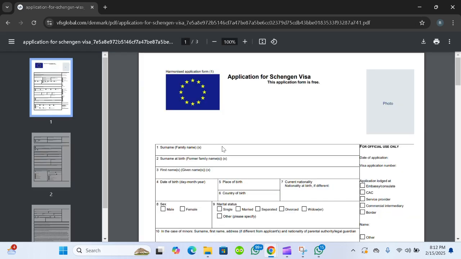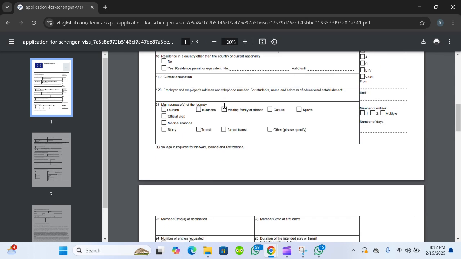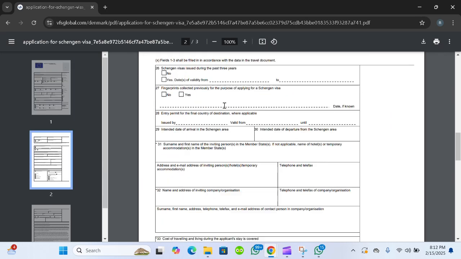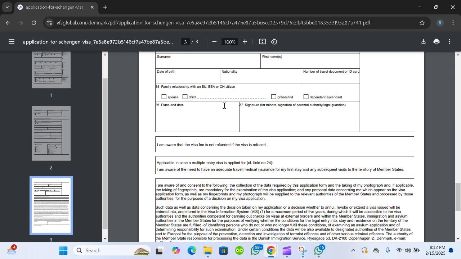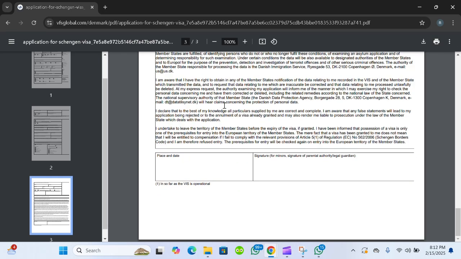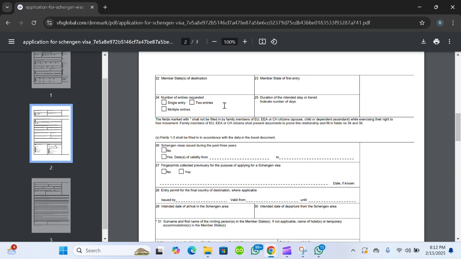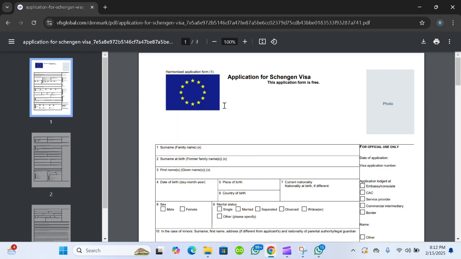Okay, so here is the application form for Schengen visa, and it's 3 pages. This is page number 1, page number 2, and page number 3. So the next thing is to download this.